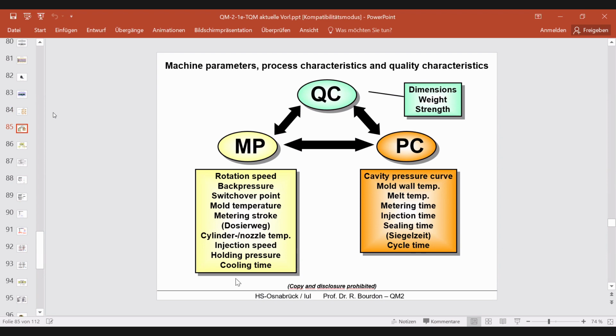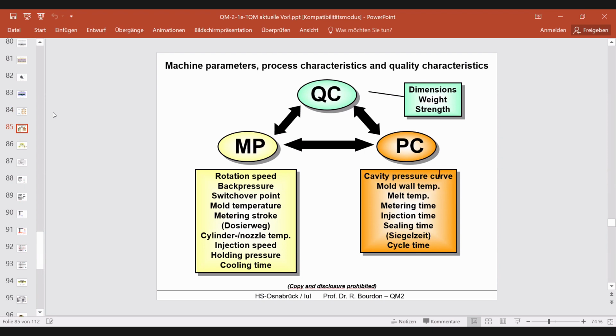Some of the parameters here must be integrated into the experimental design of a DOE plan, because it is only possible to integrate in a DOE plan those parameters which can be changed independently from each other. These characteristics you see here, these process characteristics, cannot be changed without changing another one. So they depend on each other.